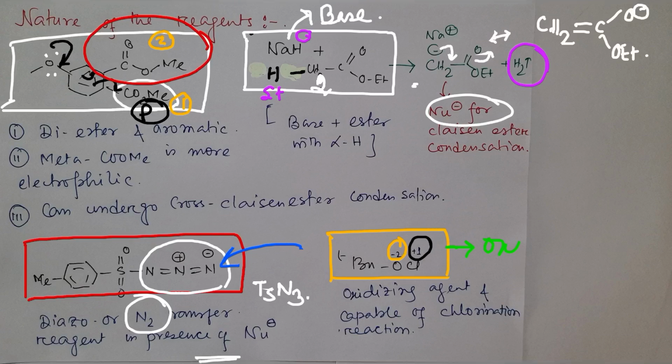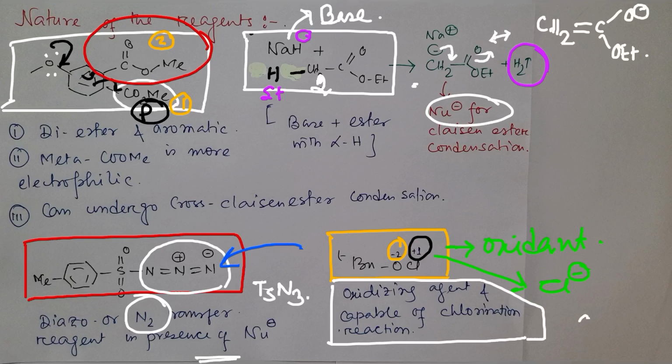So you may consider this is actually an oxidant. It will oxidize someone such that this chlorine will come to the -1 oxidation state, or chloride. So that is the target. That means this reagent is capable of oxidation as well as chlorination, because chlorination means, for example, if you think of this C-Cl, in this case also chlorine has -1 oxidation state, that's why the same thing is achieved.